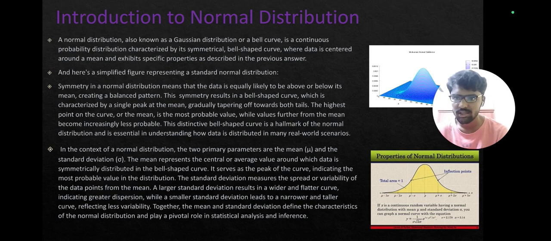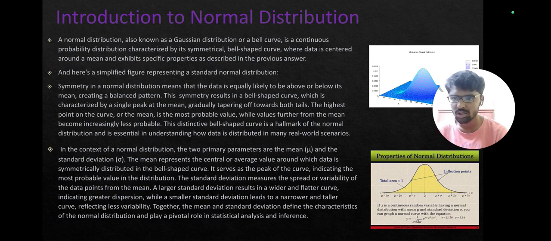The mean is the most probable value, while values further from the mean become increasingly less probable. This distinctive bell curve is a hallmark of the normal distribution and is essential in understanding how data is distributed in many real world scenarios.